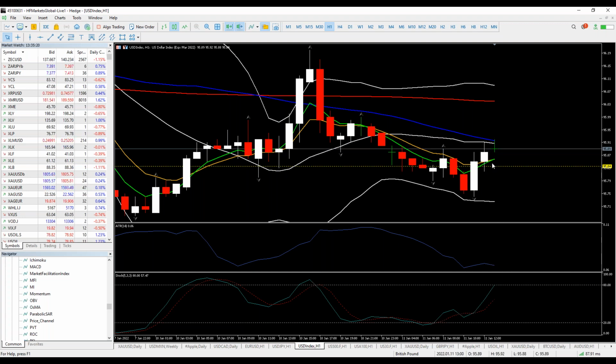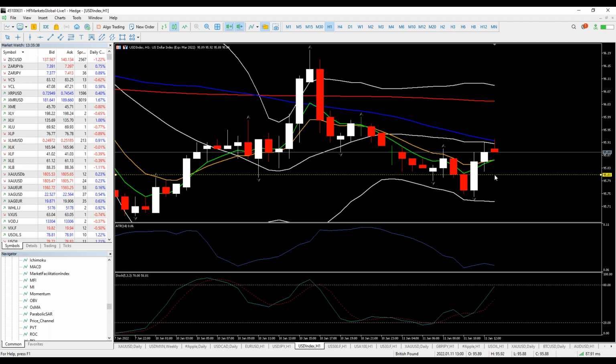Based on your risk and reward, you might consider that because my target is far away, I will set my stop loss at twice the ATR, so 12 pips. That means it should be shifted down to here.